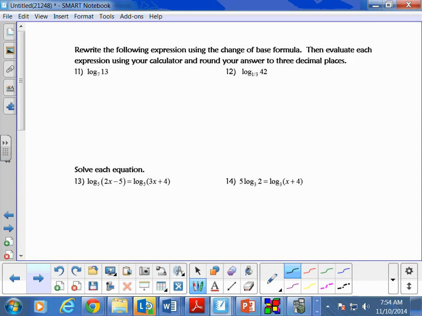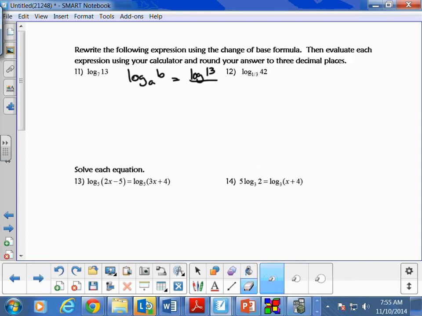So with this one, when you do a change of base, let's say you have log base A of B, then the change of base is the log of B divided by the log of A. So that's what we're going to do with each one of these.